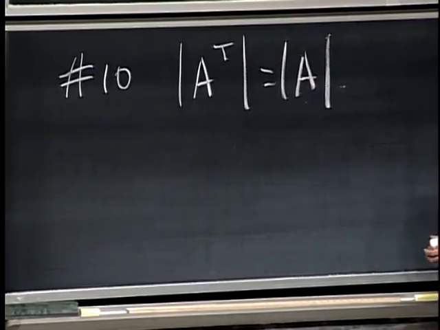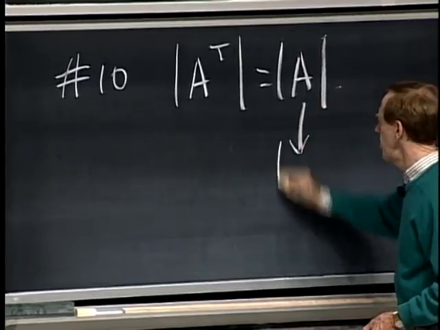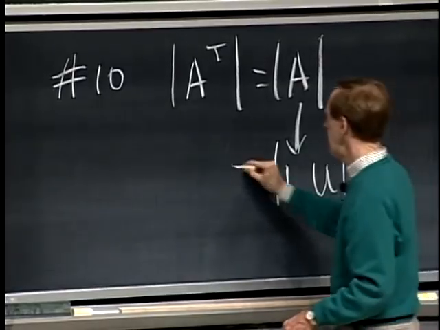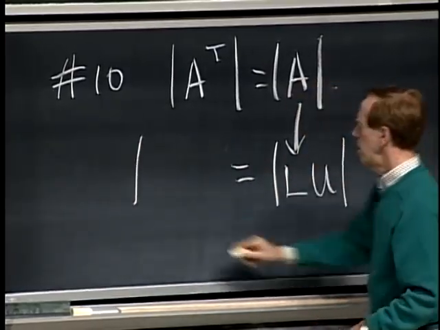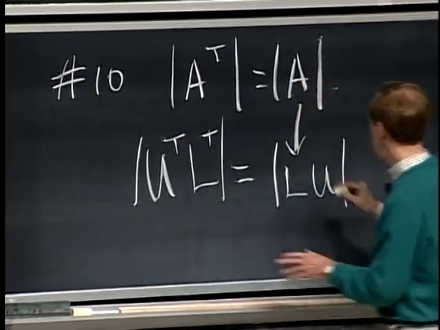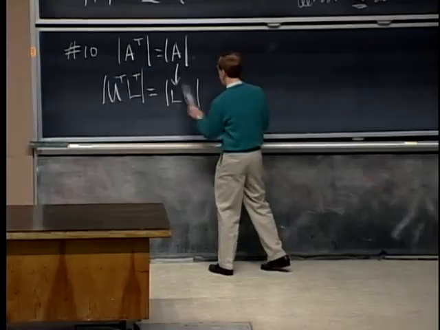A typical matrix A, if I use elimination, factors into LU. And the transpose is U transpose L transpose. This is to prove.